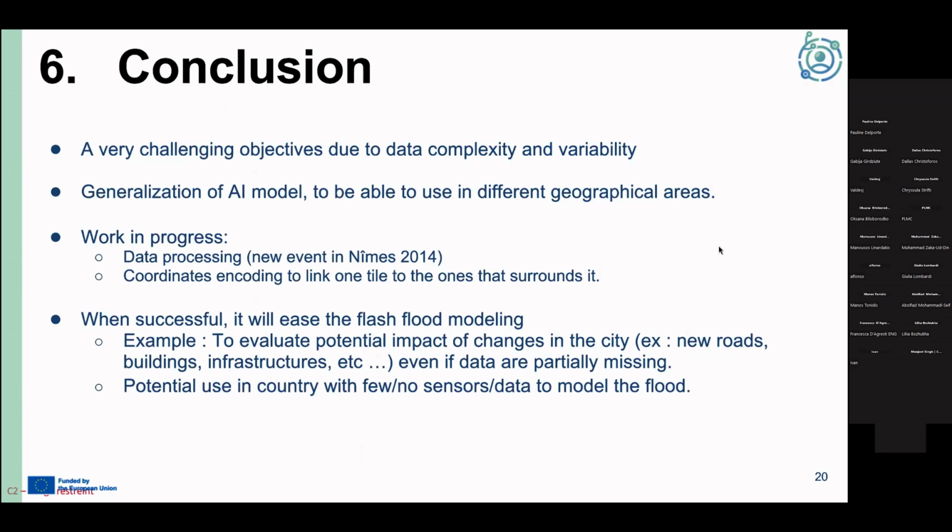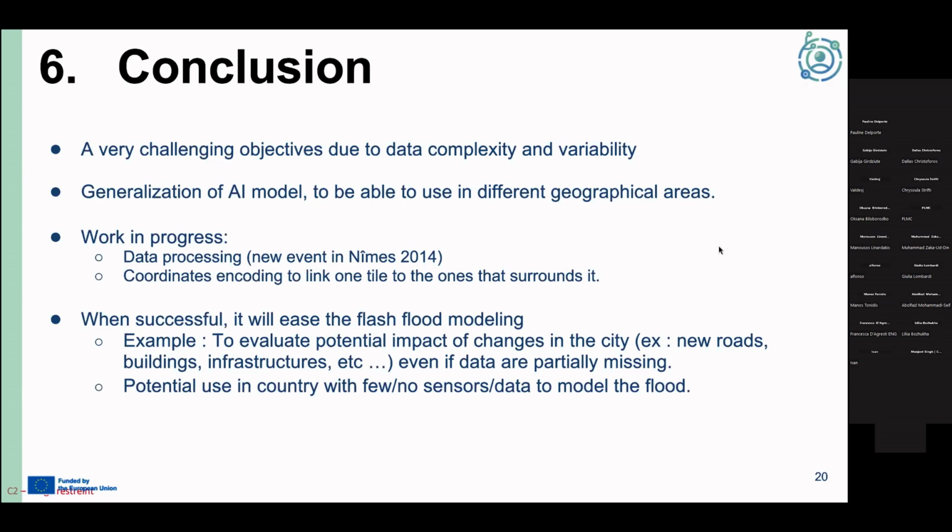Sometimes we have the DEM, but we don't have the building mask, so we have to process it. Or sometimes we don't have the water depth at the starting time. So our model needs to be quite generalized to every use case and every city.